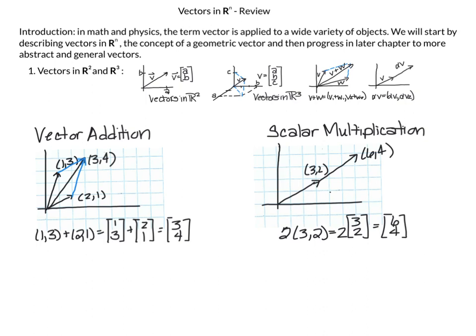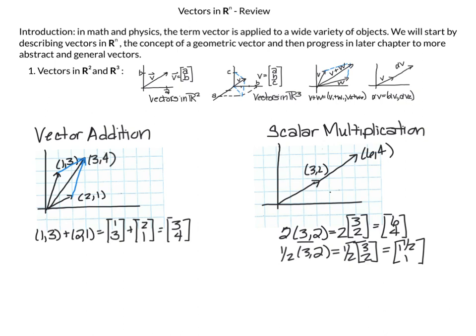And then if I had multiplied instead by 1/2 times (3, 2), I would have gotten the vector (1 and 1/2, 1). I'm sorry, I was looking at the wrong thing.